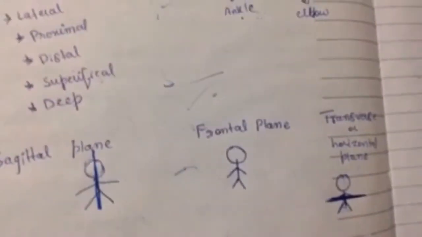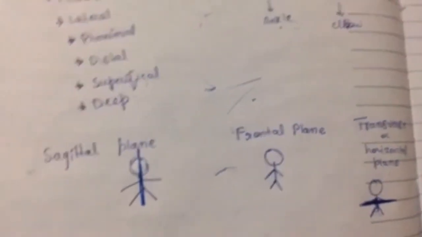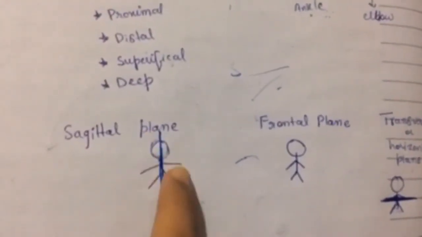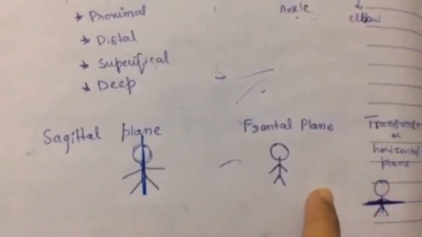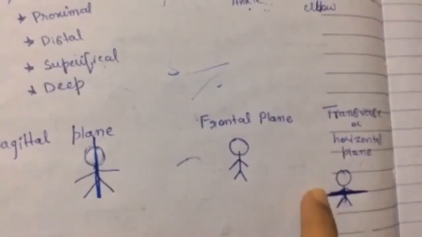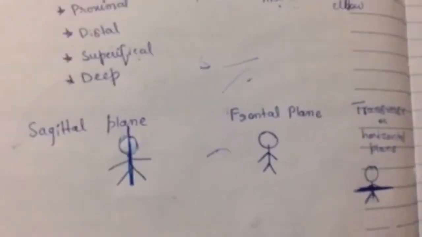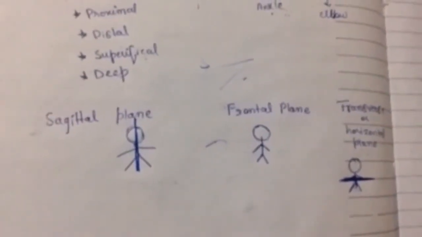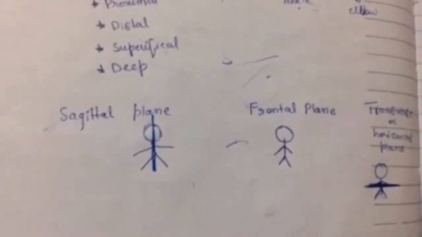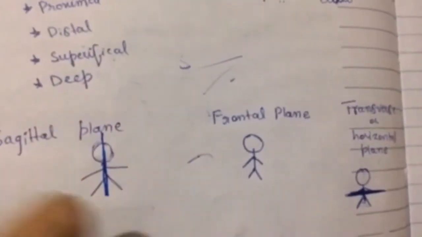So these are the three anatomical reference planes: the sagittal plane, the frontal plane and the transverse plane.